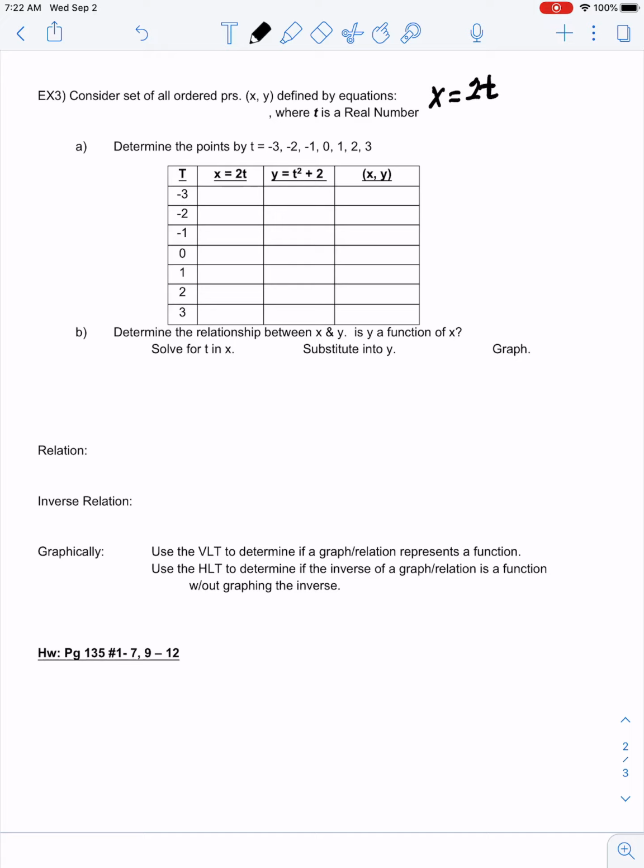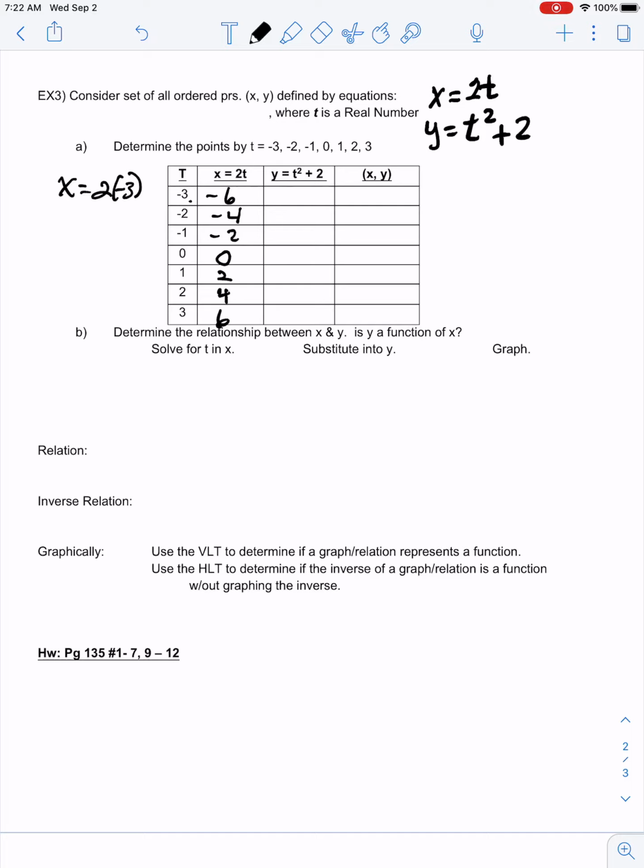All right, so our x and y equations in terms of t are given like so. Okay, so again, I'm going to plug in the t value to generate my x's. So 2 times -3 gives me -6, and so forth. So you should have -6, -4, -2, 0, 2, 4, 6.